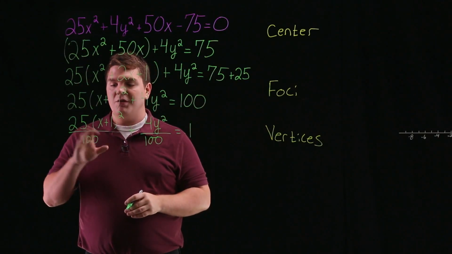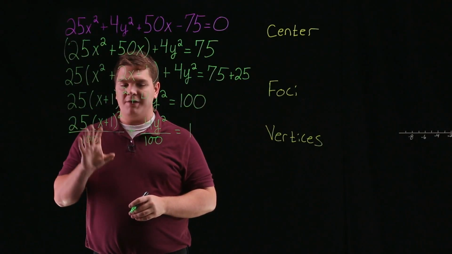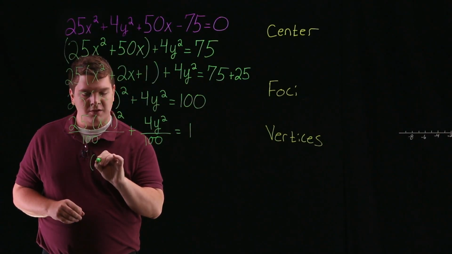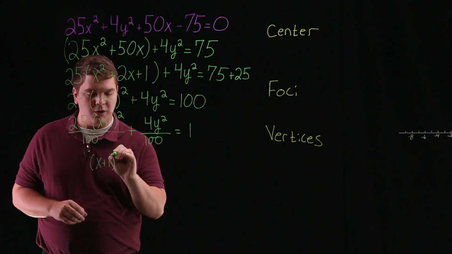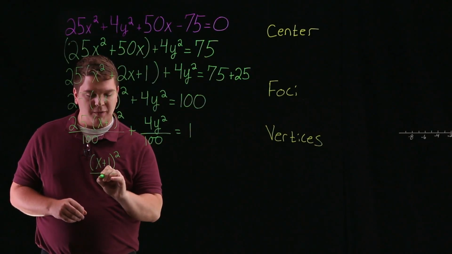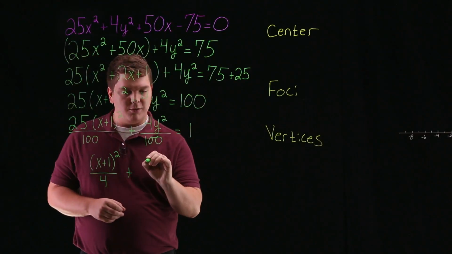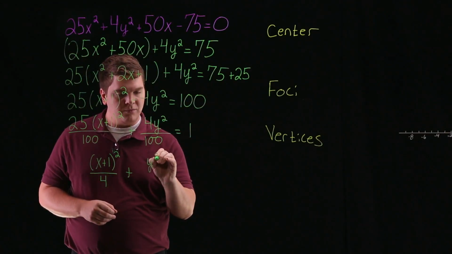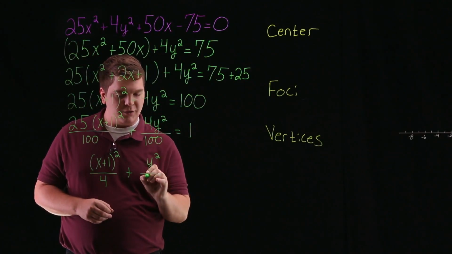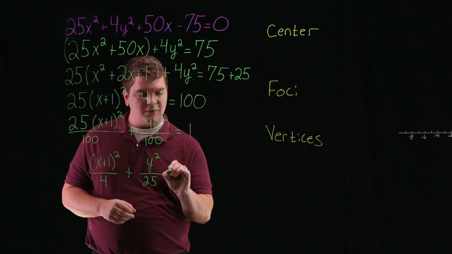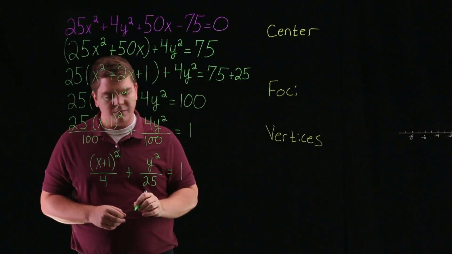Our next step should be to simplify each of these terms. The first term will simplify to x plus 1 quantity squared divided by 4. This term will simplify to y squared divided by 25, and this is equal to 1.